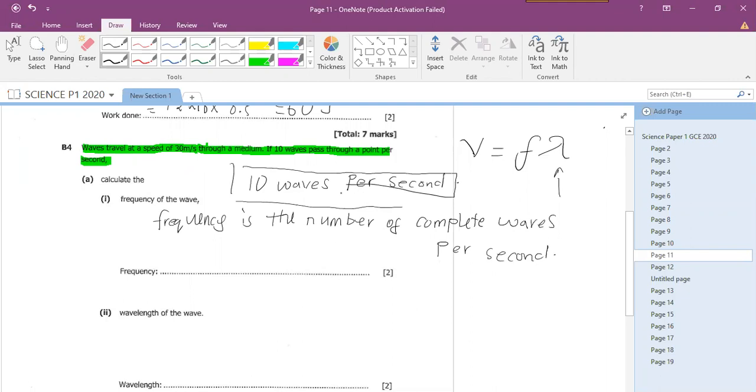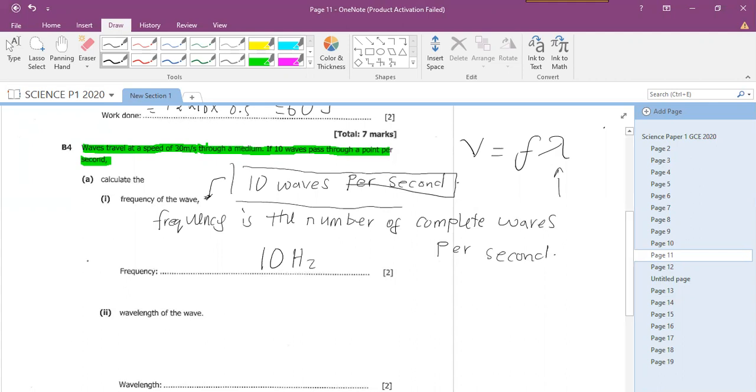I suppose they mean all these 10 waves are complete. So just based on the definition, there is no need for calculation. The frequency is 10 Hz. Frequency is defined as the number of complete waves per second. Therefore, the frequency is 10 Hz, unless otherwise.